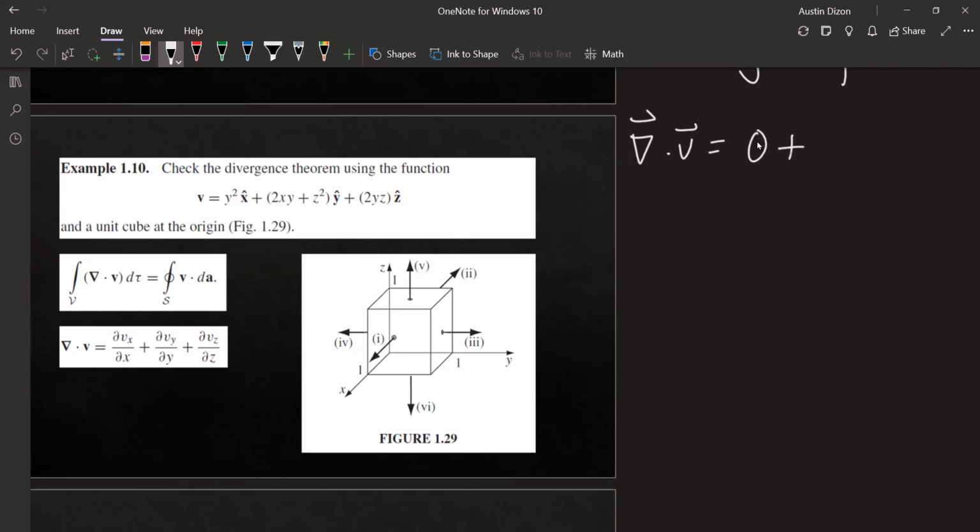Plus, yung partial derivative ni Vy with respect to y, ayan, may value tayo. So, 2x. Tama? Kasi mawawala lang yung z. And then lastly, sa z part mo, yung partial derivative with respect to z is just 2y. So, 2x plus y. Okay? Simplify ko lang. Siyempre, double check natin. Okay, tama naman.